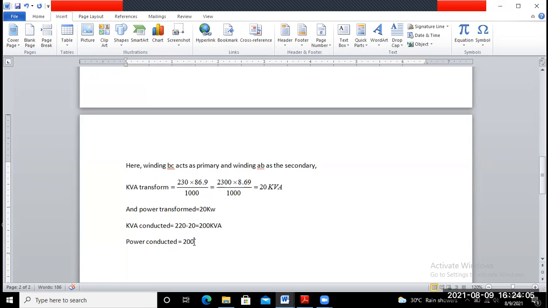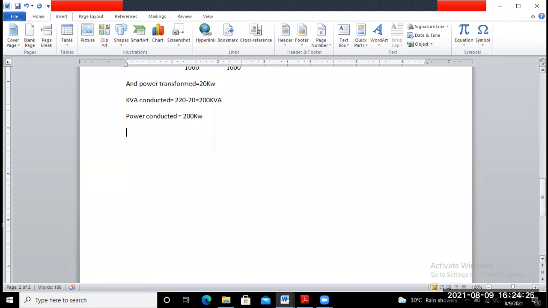So here you can say how a 20 kVA two-winding transformer is capable of handling 220 kVA as an auto transformer.